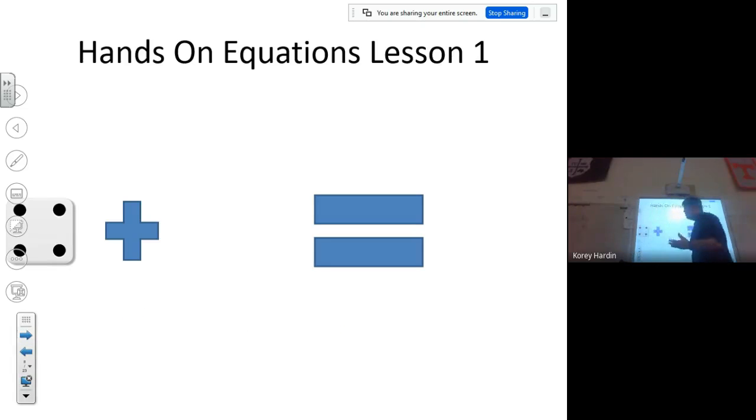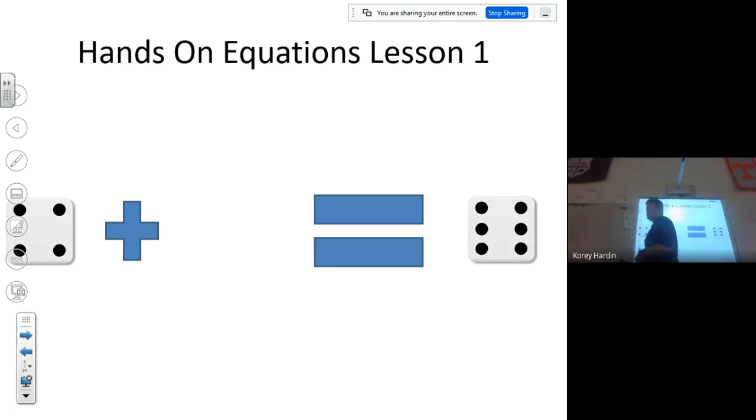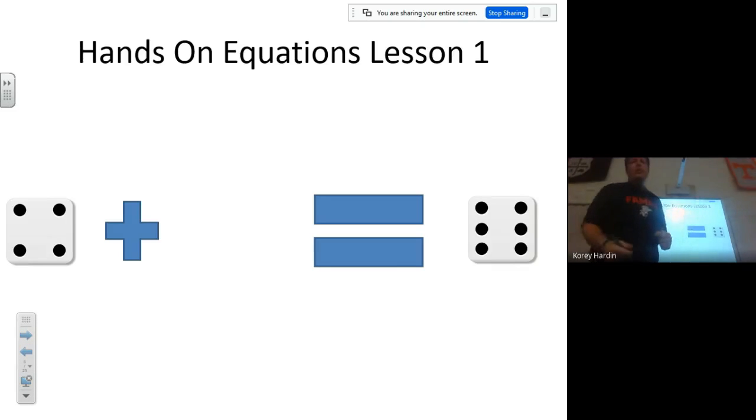Now, let's look at it from an algebra perspective. On the left, I've got 4 plus a number, and then on the right, I've got 6. So like all the other algebra terms, we're going to write an x right here. 4 plus x equals 6. You've actually worked this out before, and this is what algebra is.